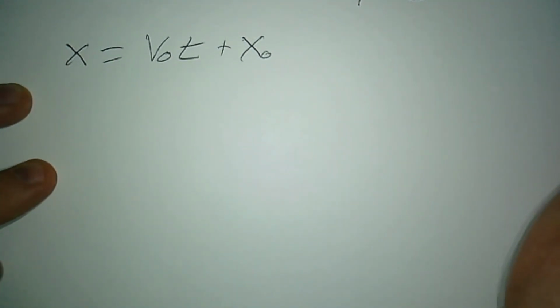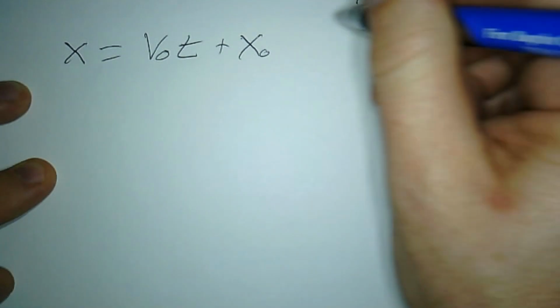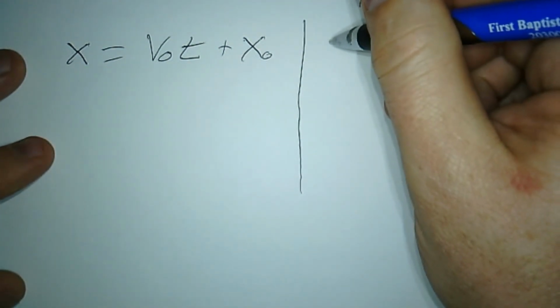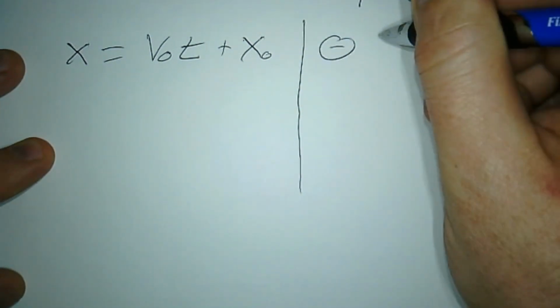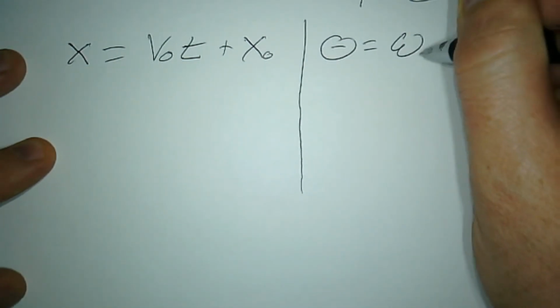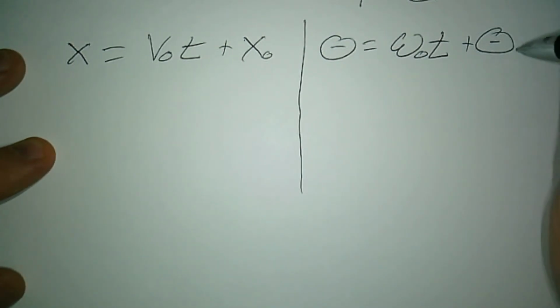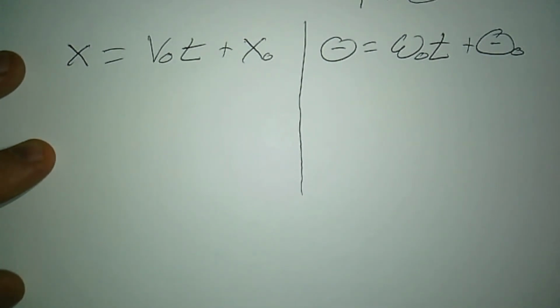Well, I can do the same thing with angles. I can take this same formula, and now I can write it as theta is equal to omega naught, your constant angular speed, times t, plus your initial angle, right? That's it. I've just divided the whole equation by r.